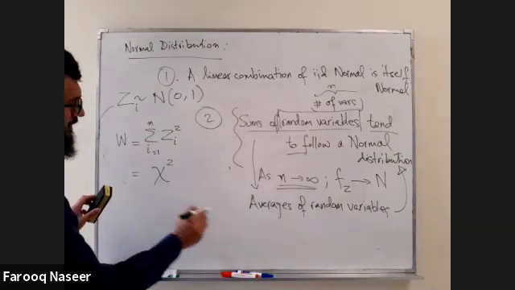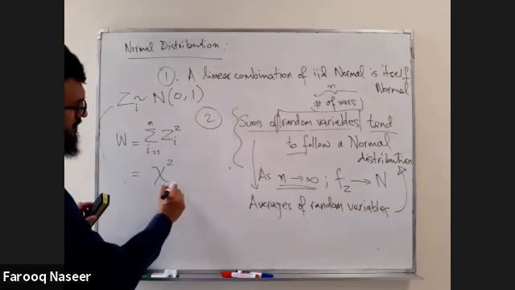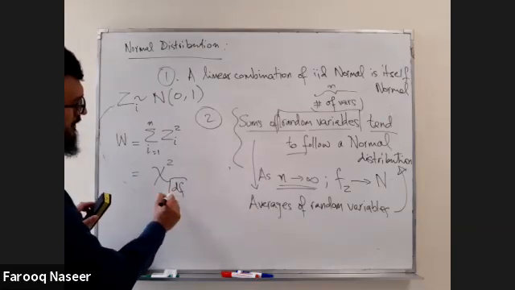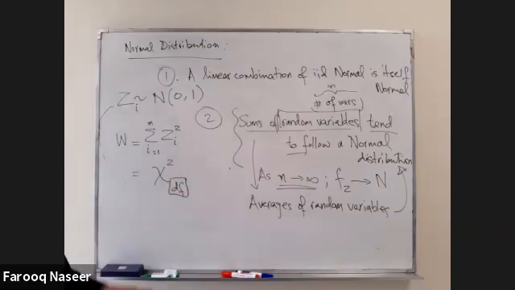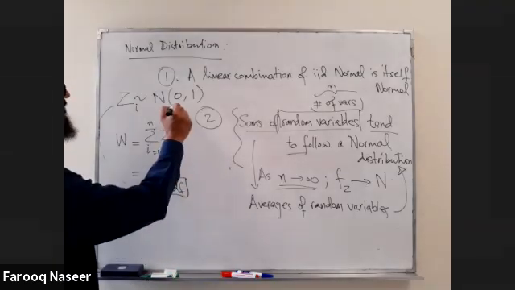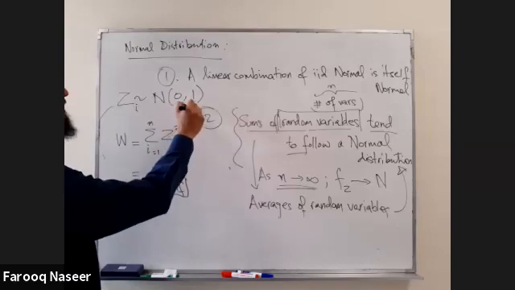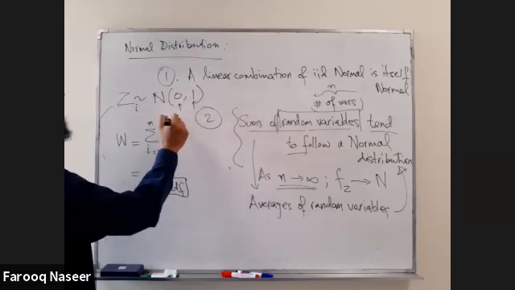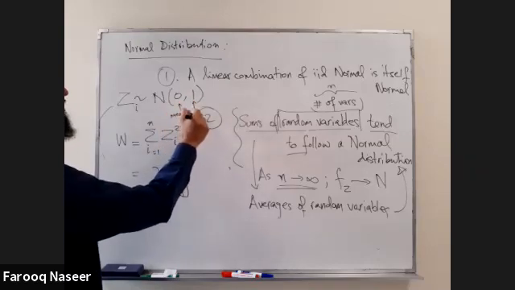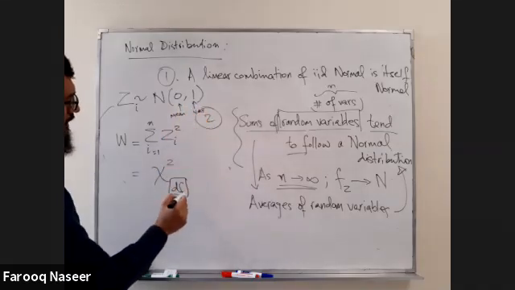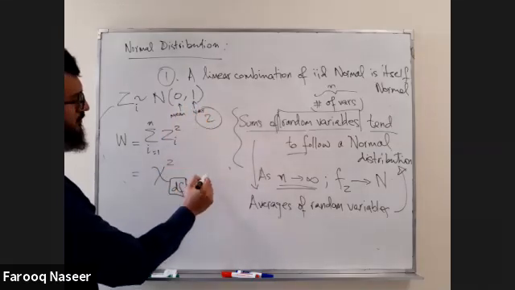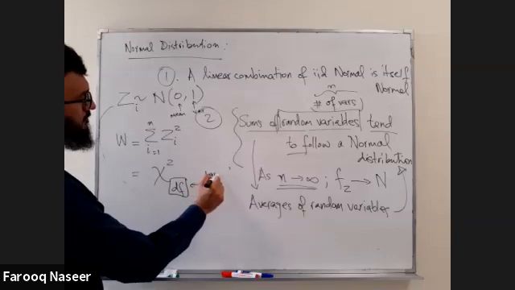So chi-squared की density function मैंने आपको show कर दिया. उसका एक parameter है, it only has one parameter, which is called the degrees of freedom parameter. Unlike the normal density, which has two parameters to it, mean and variance, the chi-squared has only one parameter, which we call degrees of freedom.